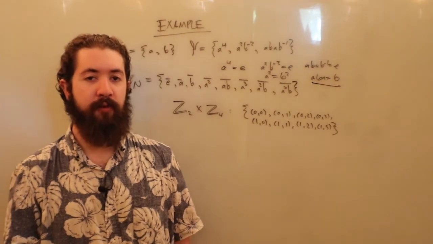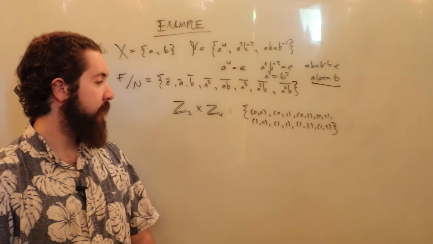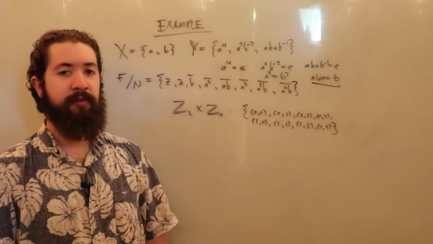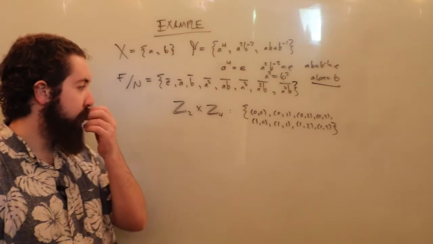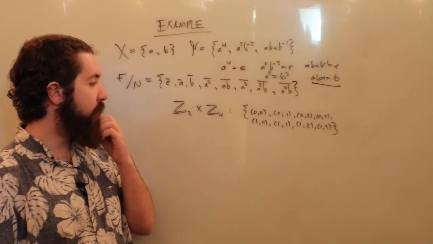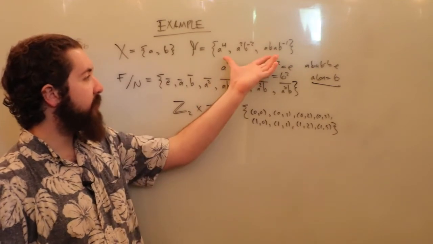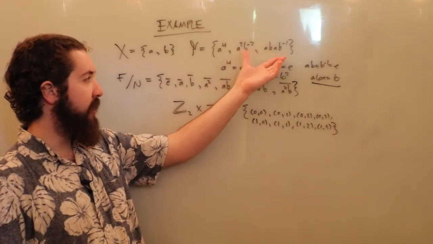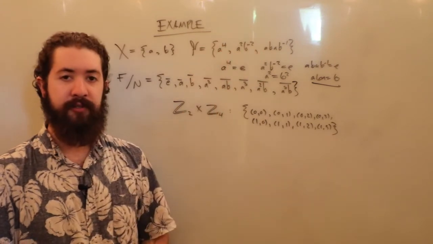What about Z4 direct product with Z2, which looks like this? Actually, we're going to be able to find elements which satisfy all these properties. But the problem with Z2 cross Z4, once again, is that it is abelian. And there is no obvious way to obtain AB equals BA just from those three relations.